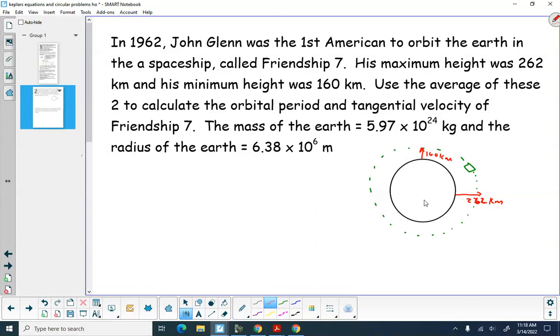We have the mass of the Earth, which is 5.97 times 10 to the 24th kilograms. We have the radius of the Earth, which is 6.38 times 10 to the 6 meters.